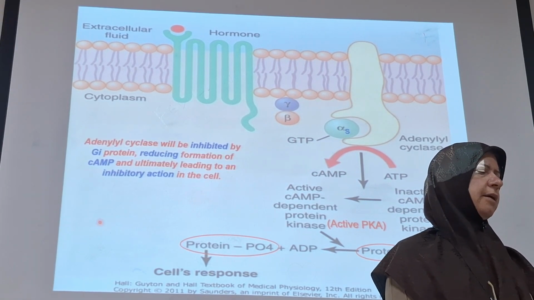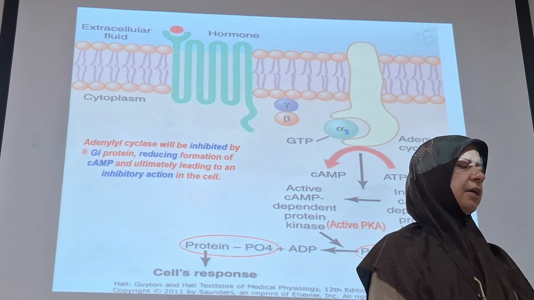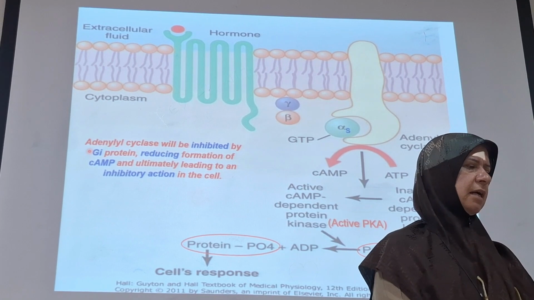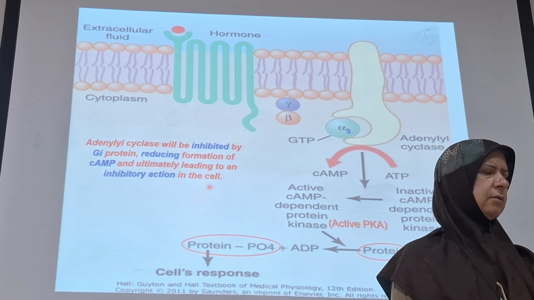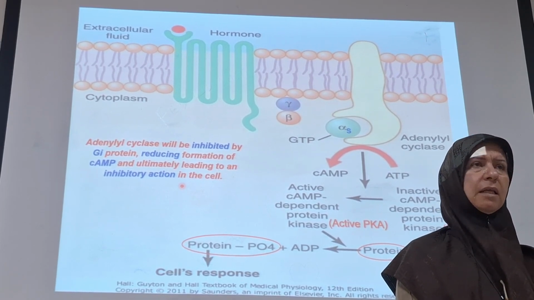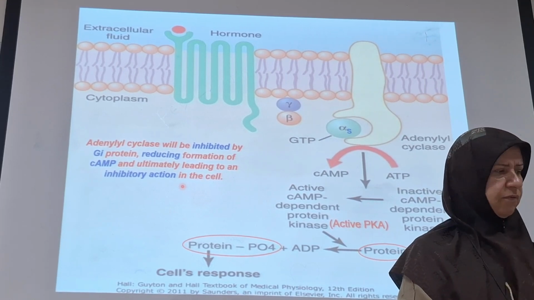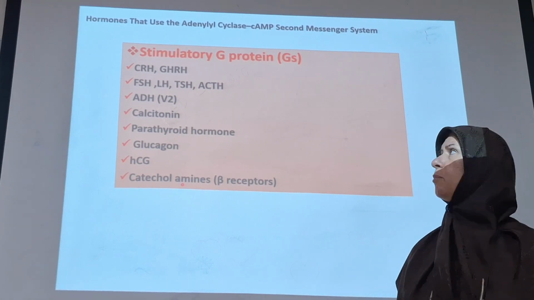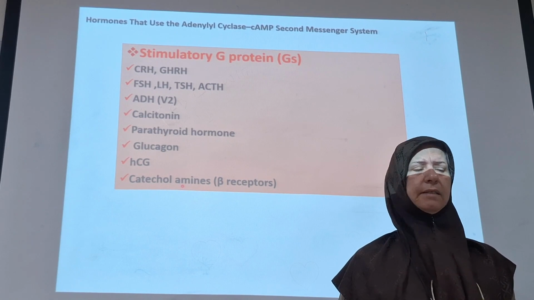In addition, we have GI. GI inhibits adenylyl cyclase and has inhibitory action. Which hormones act via GS? Many hormones act via GS.